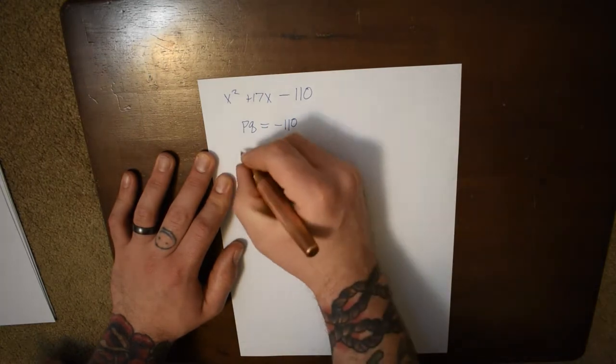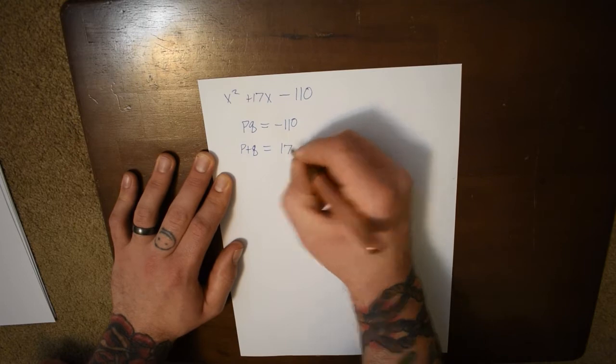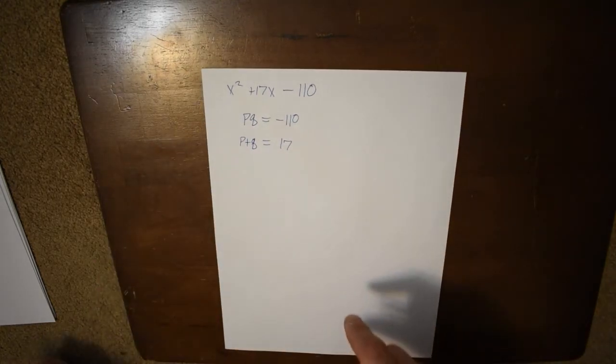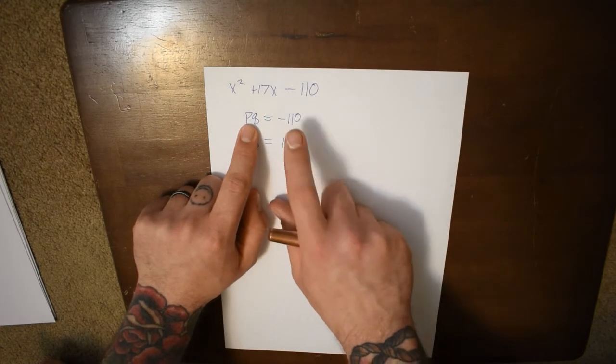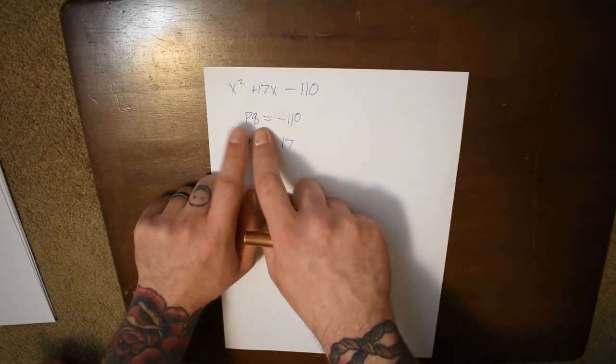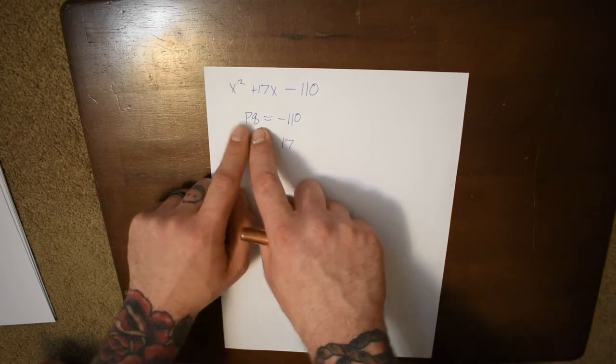And we still want P plus Q to equal a positive 17. The tricky part is that for two numbers to multiply together to equal a negative number, one of these numbers has to be negative and the other one positive.